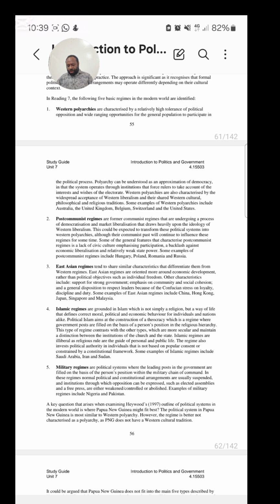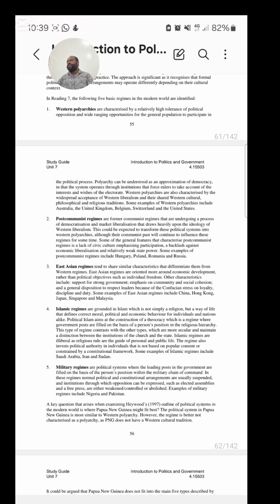Western polyarchies are also characterized by the widespread acceptance of Western liberalism and their shared Western cultural, philosophical, and religious tradition. Some examples of Western polyarchies include Australia, the United Kingdom, Belgium, Switzerland, and the United States.